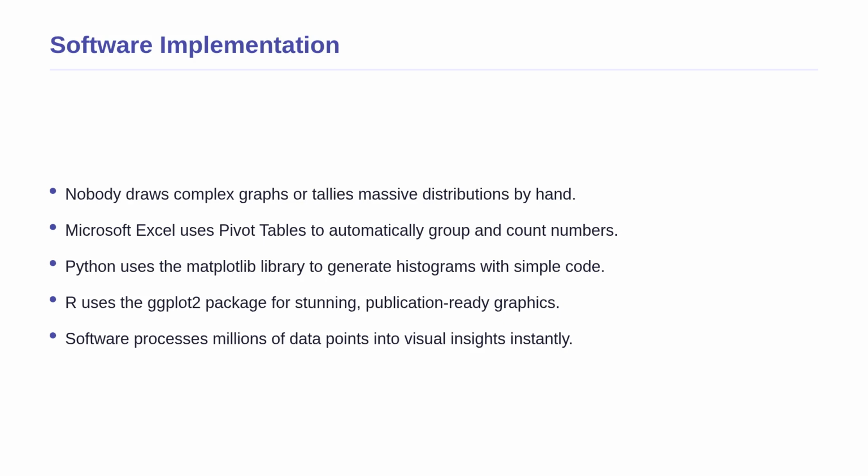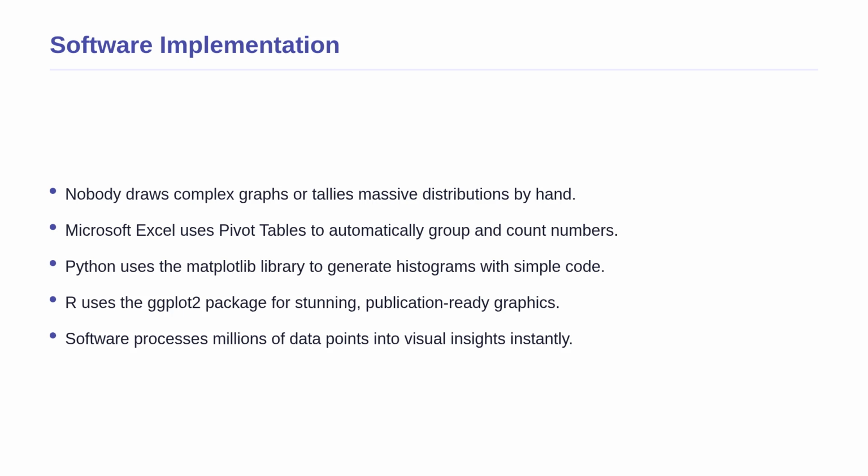Now that we know how to construct and analyze these graphs, let us talk about how it is done in the real world. In the modern world, nobody draws complex graphs or tallies massive frequency distributions by hand. Instead, we use powerful software tools to do the heavy lifting. In Microsoft Excel, you can instantly create a frequency table using a pivot table, which automatically groups and counts your numbers.